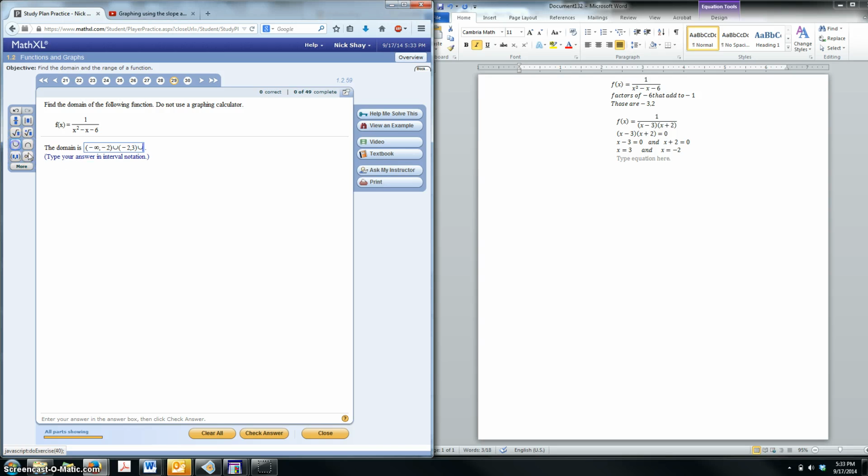Finally, I can also have everything from 3 to infinity. So take a look at this. When you look at this interval, we have to leave out negative 2 and we have to leave out positive 3. This is how we represent leaving out negative 2: we skip it over in this interval and make these two intervals. And we leave out positive 3 by putting this skip here as well. If we check our answer, we see we get the right answer.